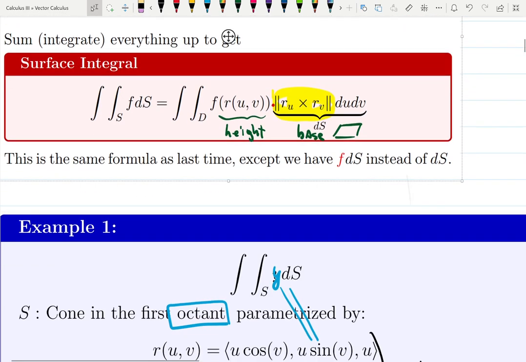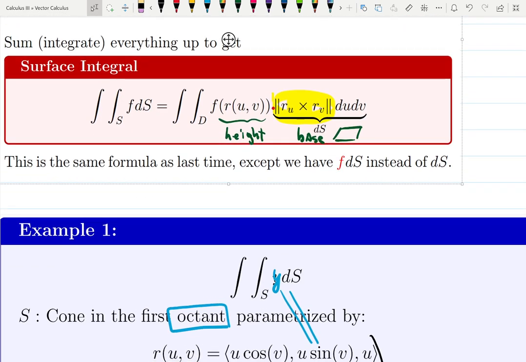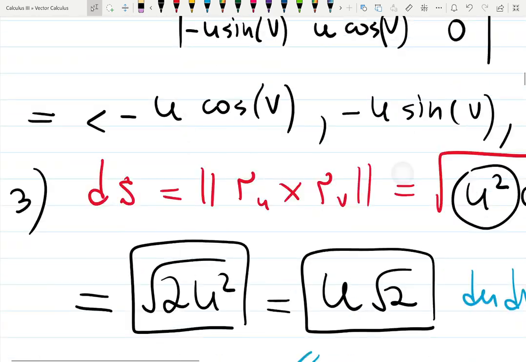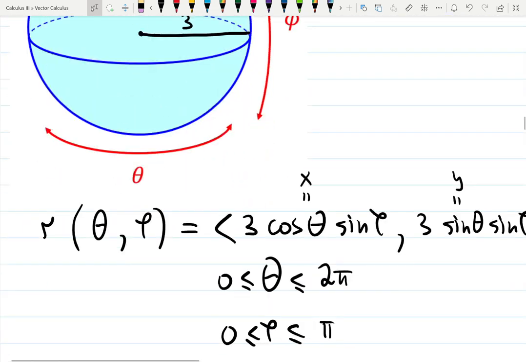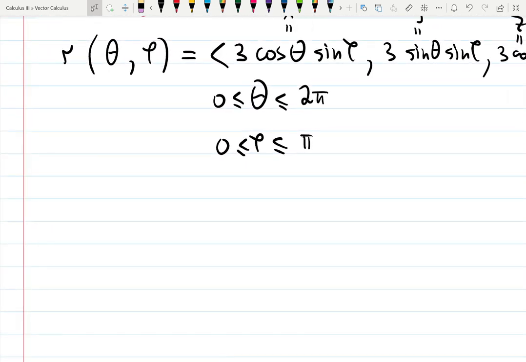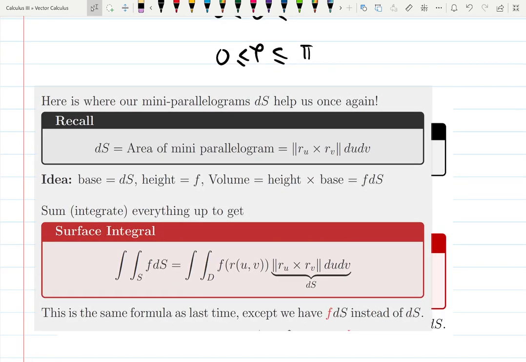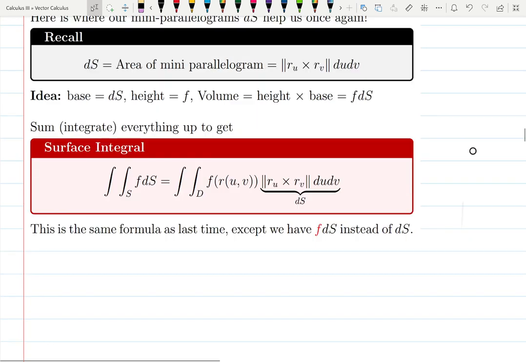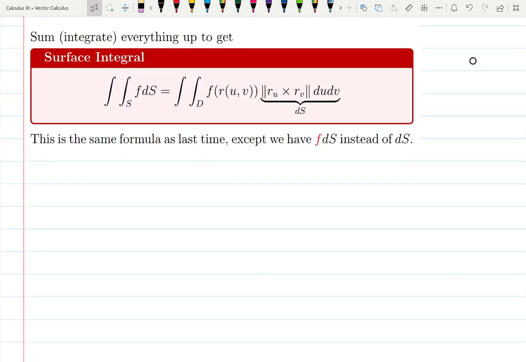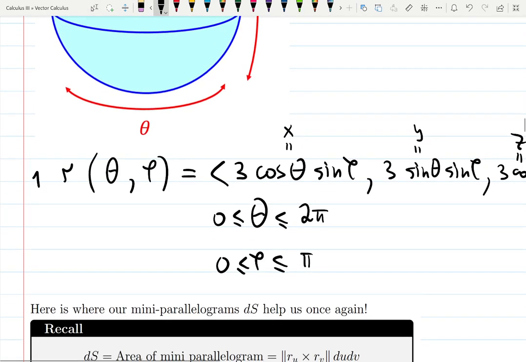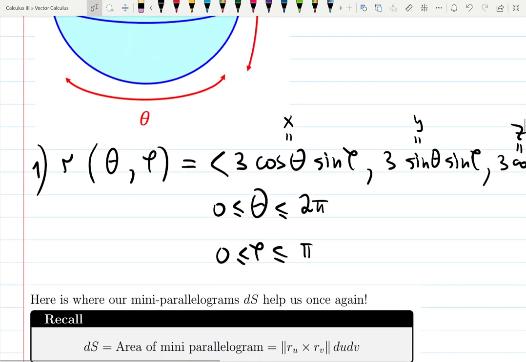So we will do the first step in the yellow part. Let's find the cross product RU, RV. RU, RV are partial derivatives of whatever we just wrote. U is theta, V is phi. Okay, that's a lot, but fine, whatever. So let's do step 2. That was step 1, figure out the parametrization.